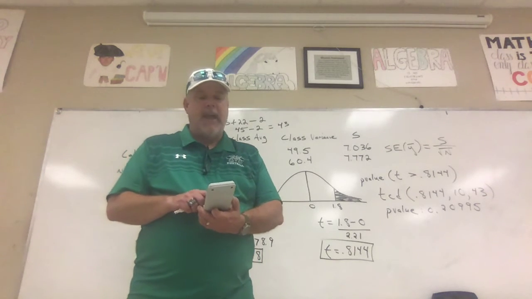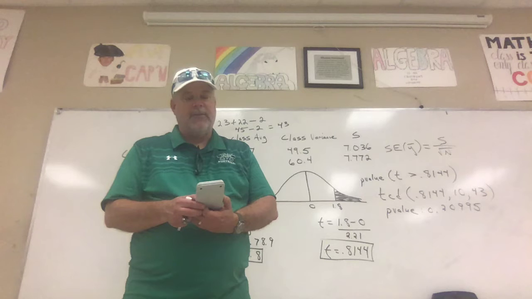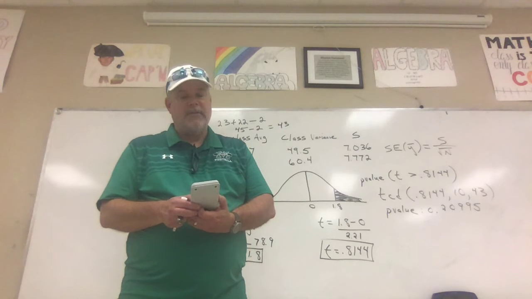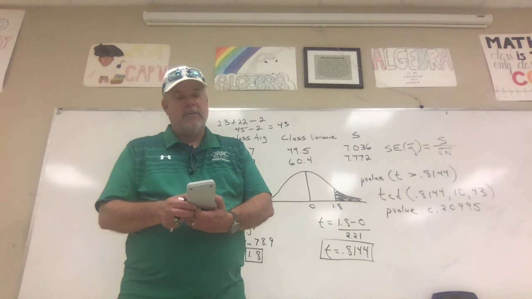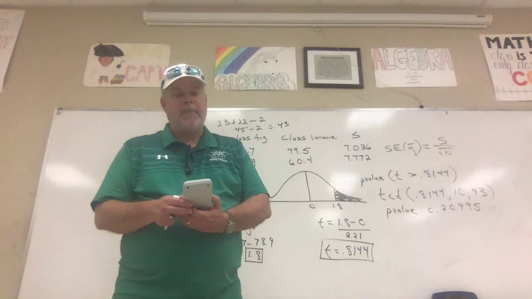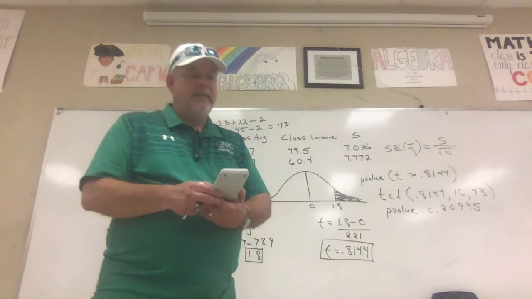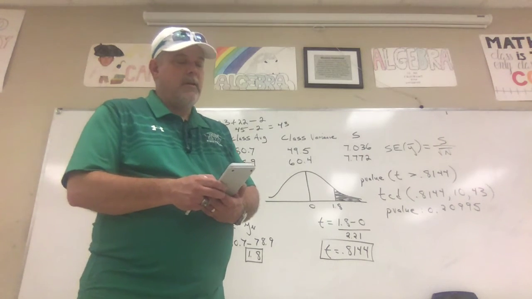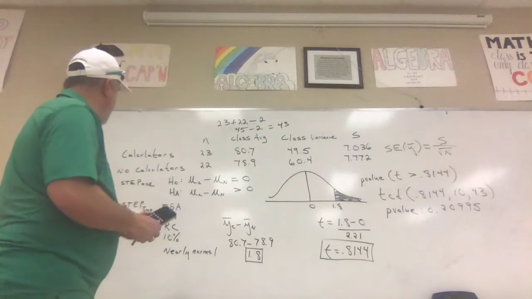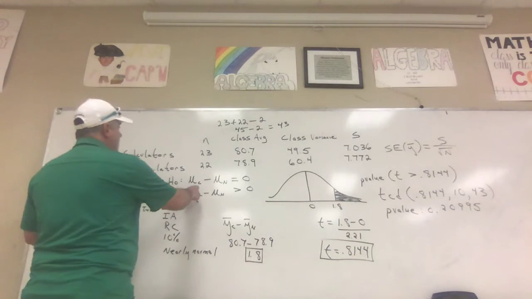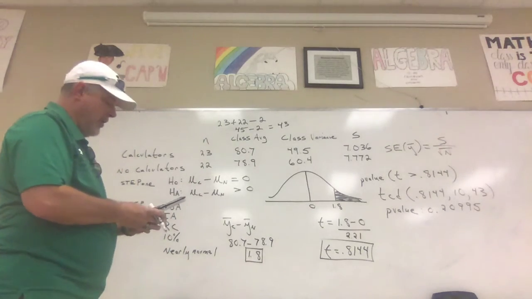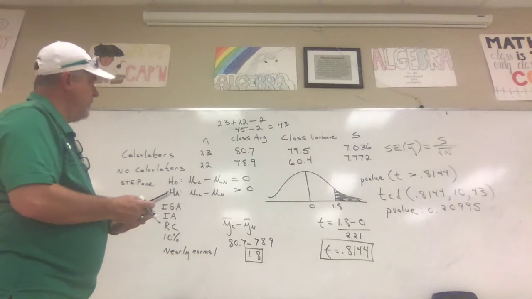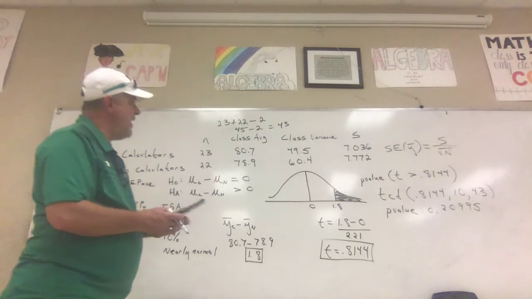We're gonna go to stat, test, 2-sample t-test, that's number 4. We want to import the stats, not the raw data. So what's my first mean, with the calculator? That's 80.7.